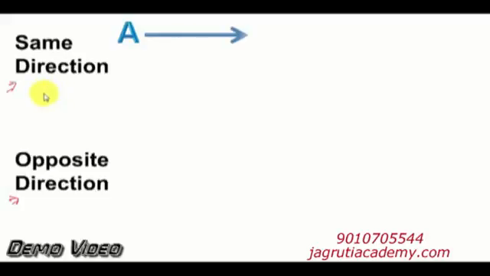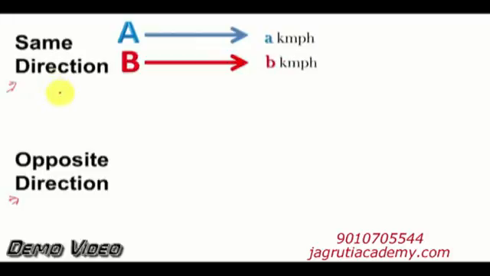Let A be an object or a person moving at a speed of a kilometer per hour, and B another person moving at a speed of b kilometer per hour. As the arrow indicates, they are moving in the same direction.